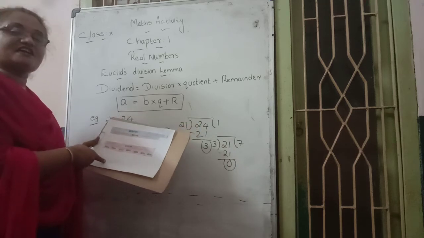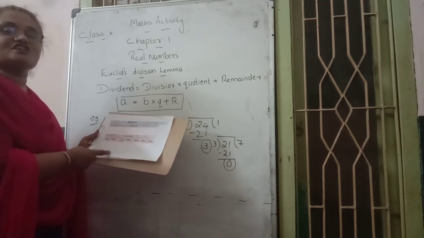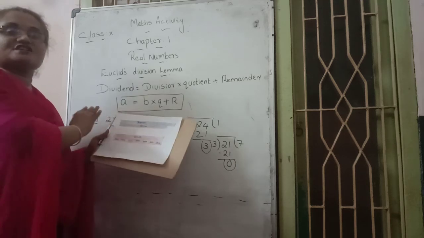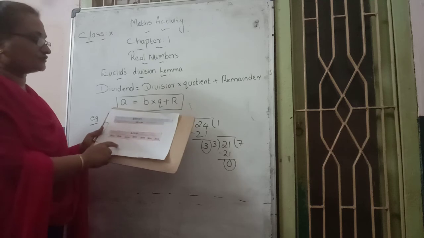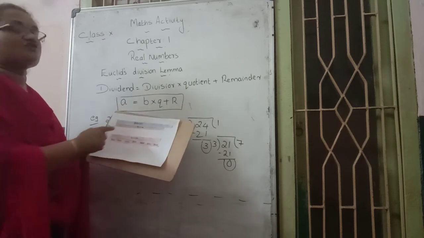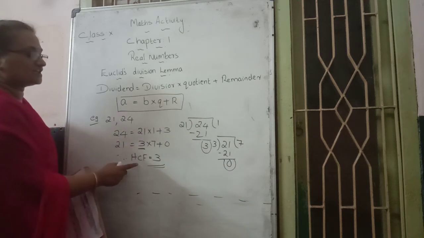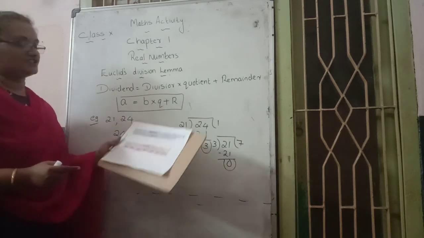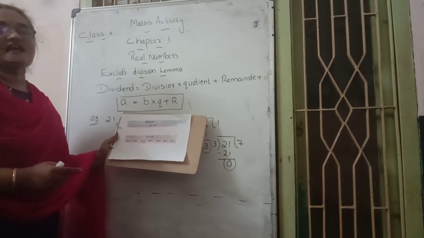That's why we can conclude that the 3 centimeter strip fully covers the 21 centimeter. So the HCF of 24 and 21 is 3. That's why theoretically we also find that the HCF becomes 3. I hope you can understand this activity.